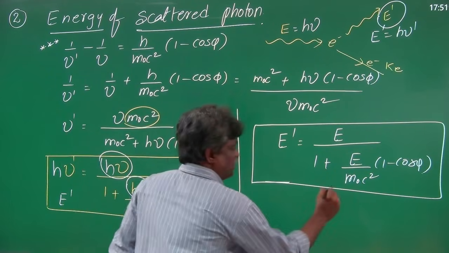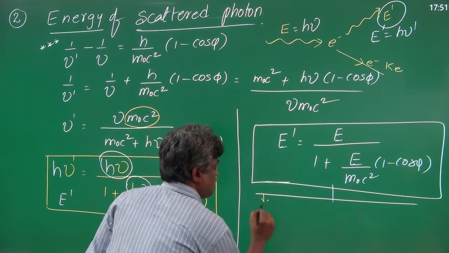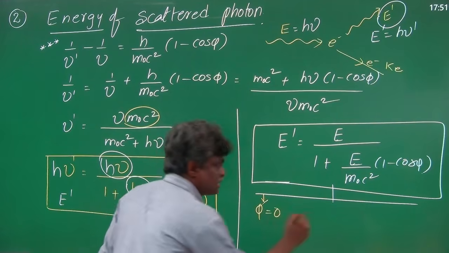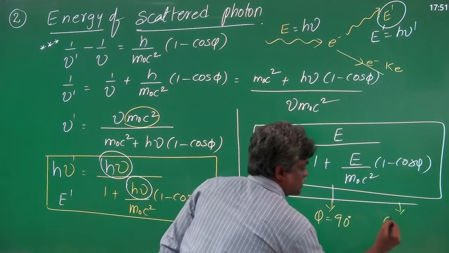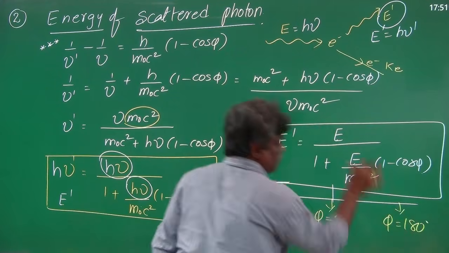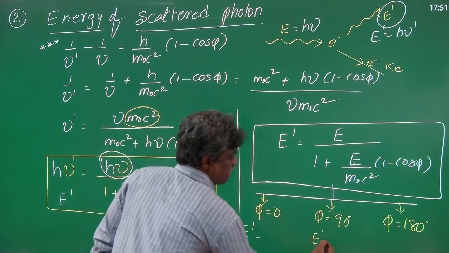So now I request you to do the next one yourself. Take phi equal to 0, forward scattering, perpendicular scattering and backward scattering. Find the values. What is E prime here?